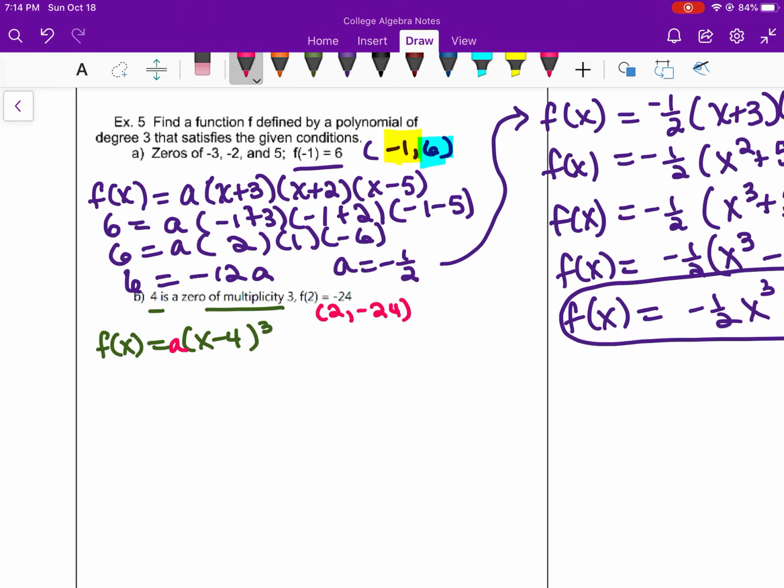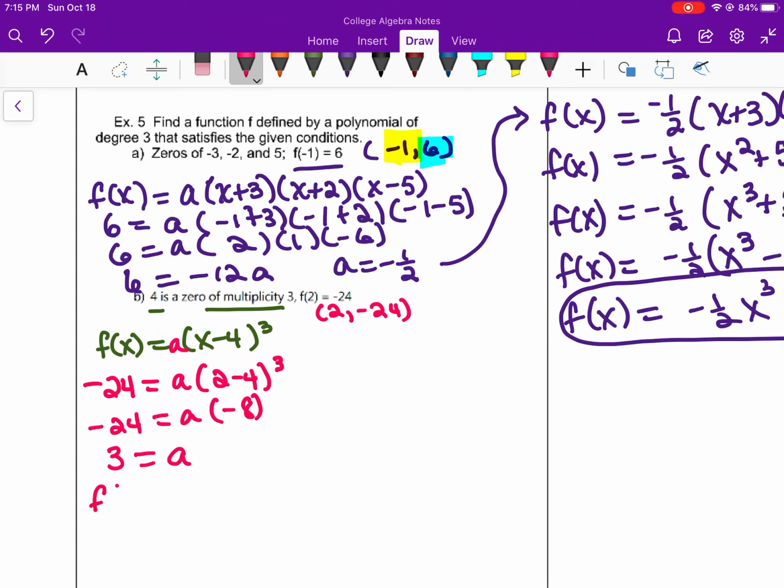So I'm going to find my a value first, so it works the same way as the last one. So I put in my 2 and my negative 24. That'll be a negative 8. And divide 24 by a negative 8, and I'll see that a is 3.